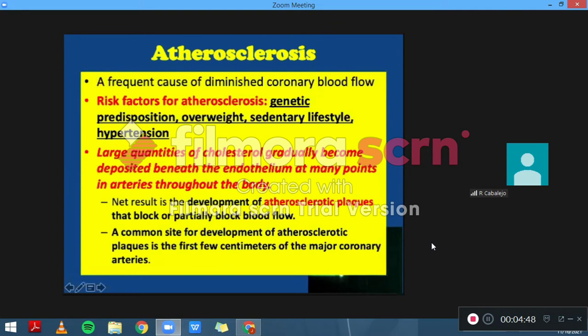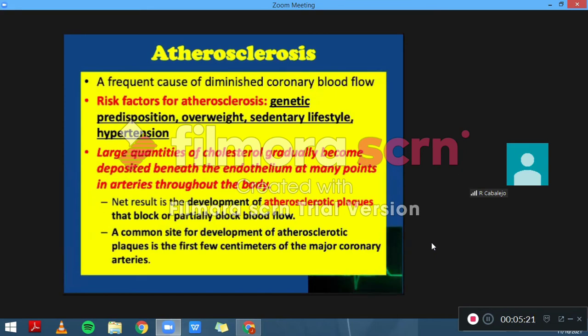So there are many risk factors for the development of atherosclerosis, which is the most frequent cause of coronary obstruction. The risk factors are either non-modifiable, like your genetic predisposition, which you cannot modify, or modifiable risk factors like your lifestyle, your weight, as well as the development of hypertension, which is both modifiable and non-modifiable.